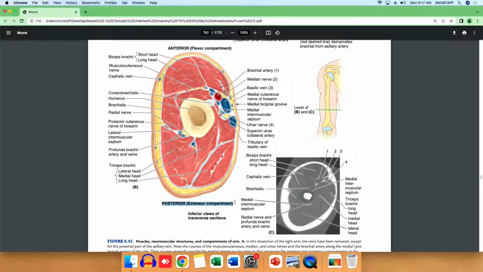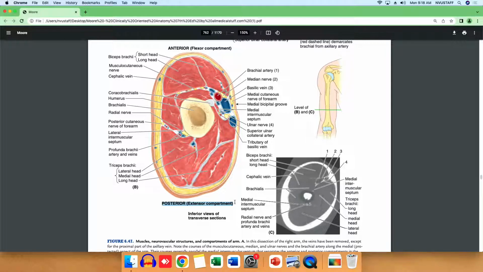Now the question is, flexors and extensors of what? Of which part? Because whatever we talked about in the case of the axio-appendicular muscles in our previous lecture, we said they are crossing mainly the shoulder joint.